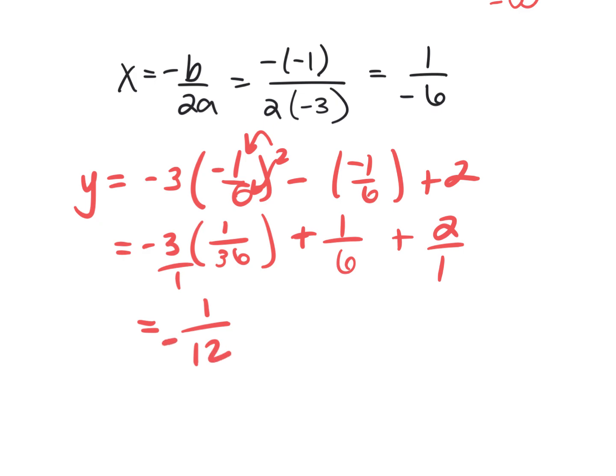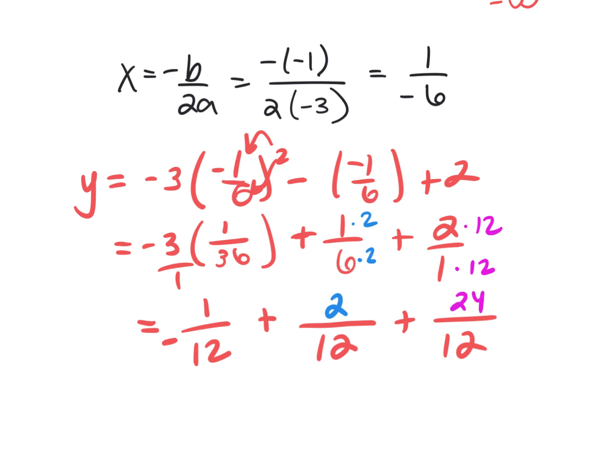If you multiply it over, it would be negative 3 over 36, and then you would simplify. Can I change 1/6 to 12ths? I'd multiply the bottom by 2. So what you do to the bottom, you do where? To the top. And then can I change positive 2 to 12? So what would I have to multiply by? By 12. What you do to the bottom, you do to the top.